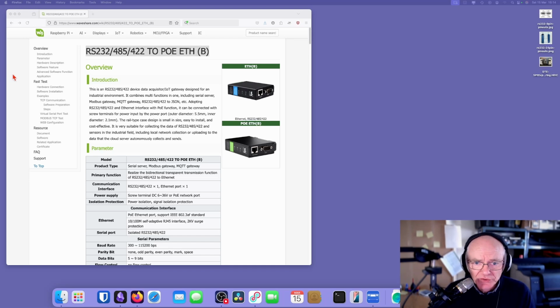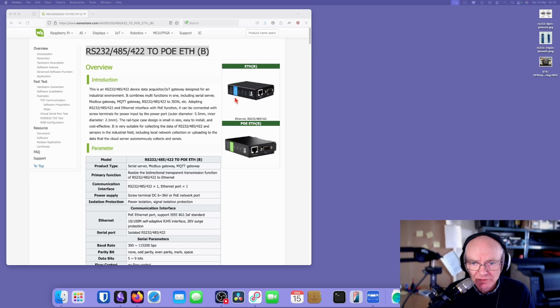The reason I chose this particular unit was it came in a nice little metal box. It was low cost. It was readily available from Amazon, and it could be powered from the Ethernet, so it had a PoE capability. So the unit I actually went for was this one here with the green patch on the side.